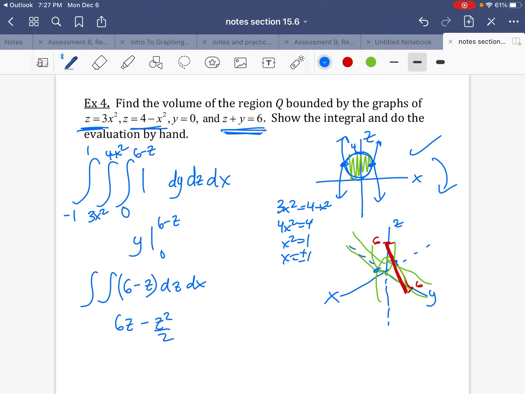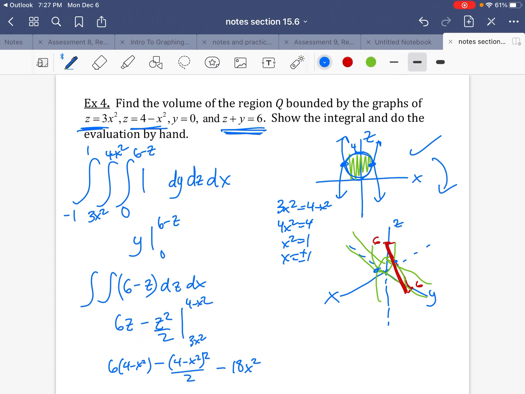So with z, I end up getting 6z minus z squared over 2. All right, I have to do this from z equals 3x squared to 4 minus x squared. So 6 times 4 minus x squared minus 4 minus x squared over 2, minus, when I plug in 3x squared, 6z gives 18x squared.